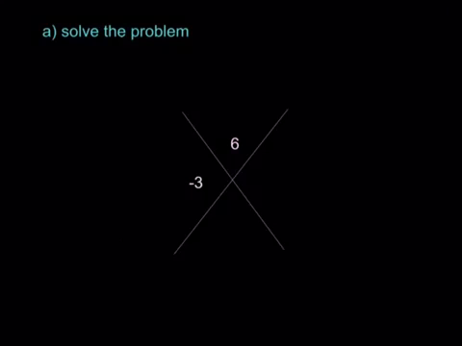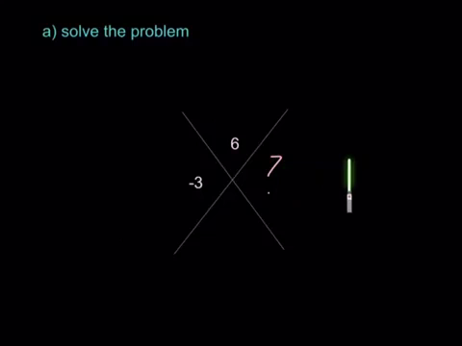Solve the problem. Okay, so what we know so far from diamond problems is that this number and this number, which right now we're going to label as a question mark, always multiply together to give this top section, and add together to give this bottom section. So far we know that -3 times a number equals 6.